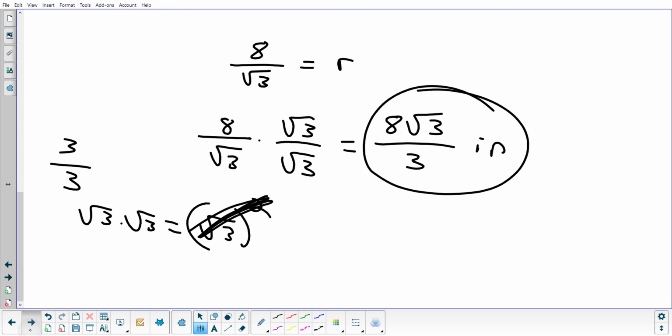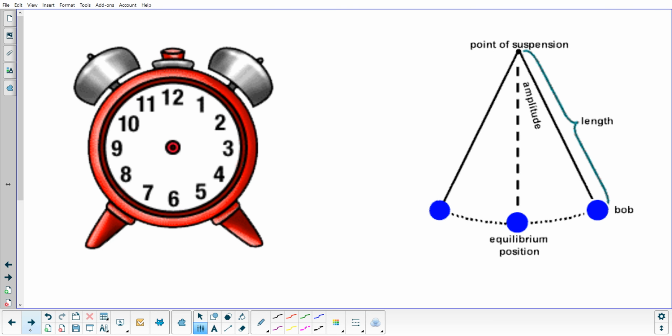All right, so the homework for tonight, there's going to be a couple word problems. One of the word problems is going to have a clock in it, like an analog clock. It's going to ask you a question like, how far does the tip of the minute hand move between 12 and 4?